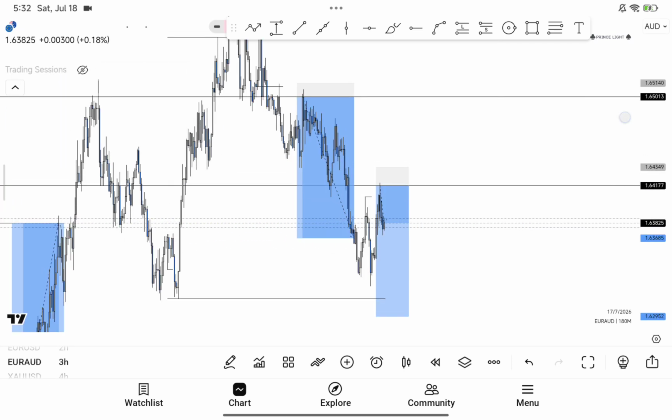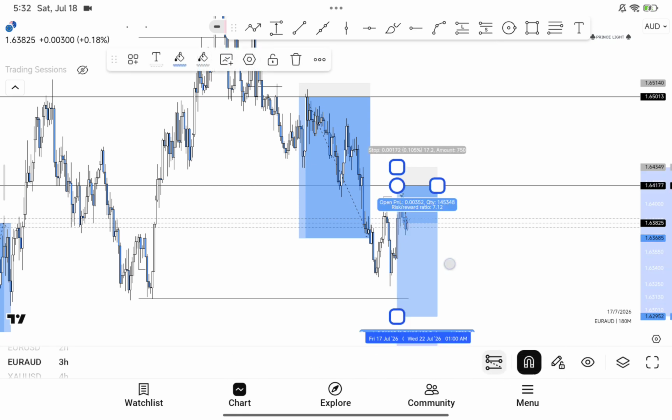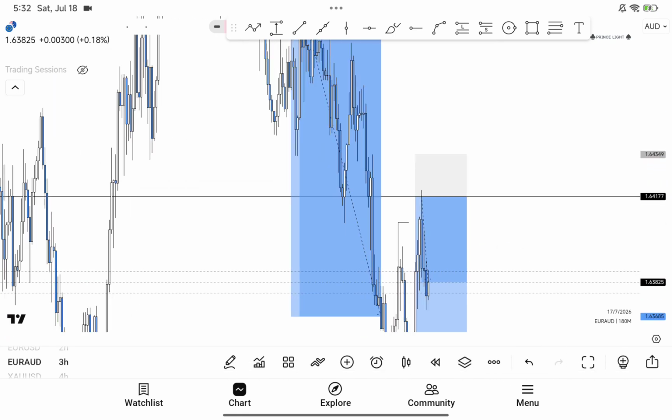Though, despite that, I didn't lose anything based on the fact that I caught this second setup. How did I get this particular setup? Time frame alignment. We already know our direction is bearish. So once you know your direction, getting good entry points will be a little bit easier for you.